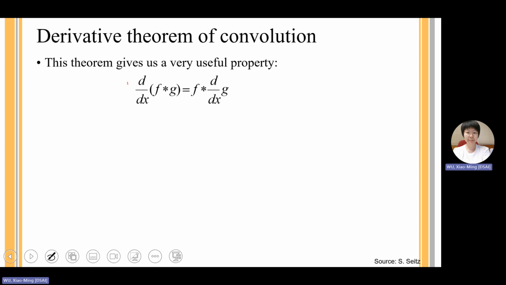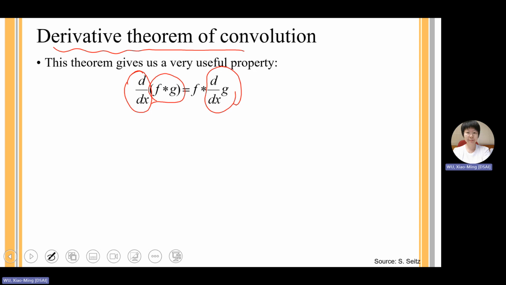We can move the derivative inside the convolution. The derivative theorem says that the derivative of the convolution is equal to the derivative of Gaussian convolved with f.